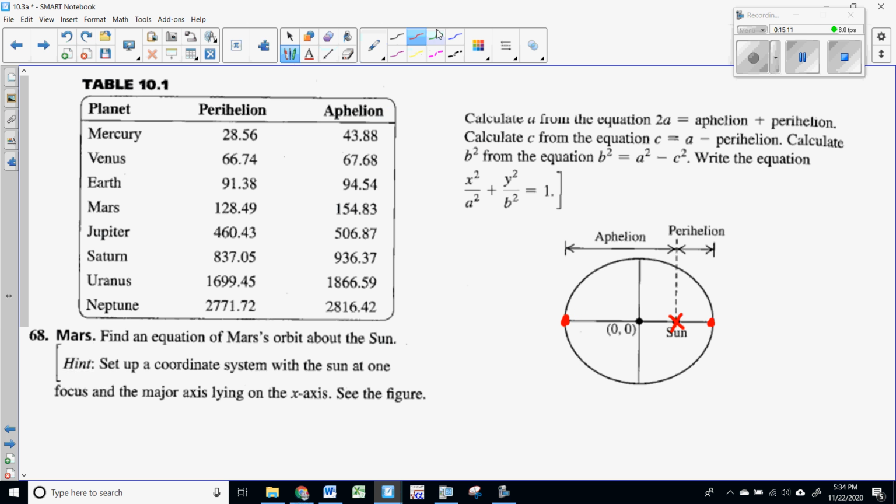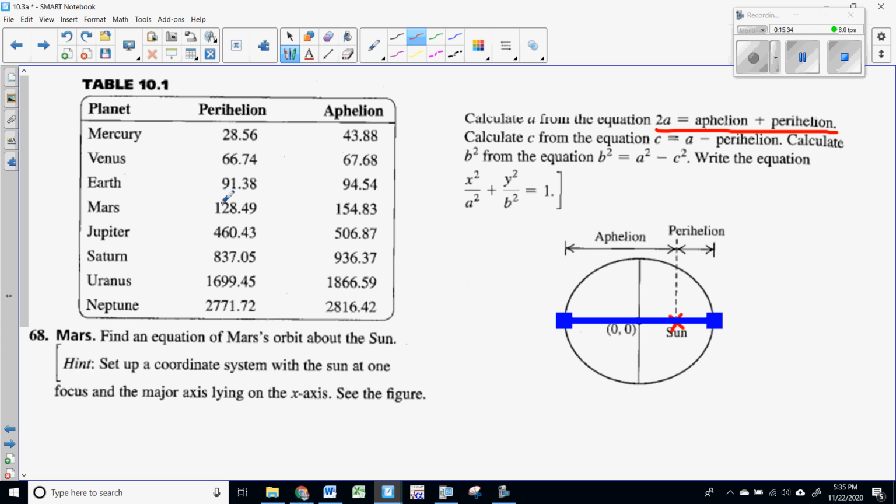Now, that total distance between those two points is just our major axis, which is going to be 2a. And they give us that formula up here, that 2a is these two things added together.